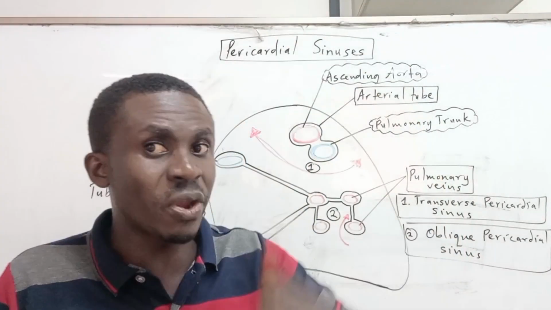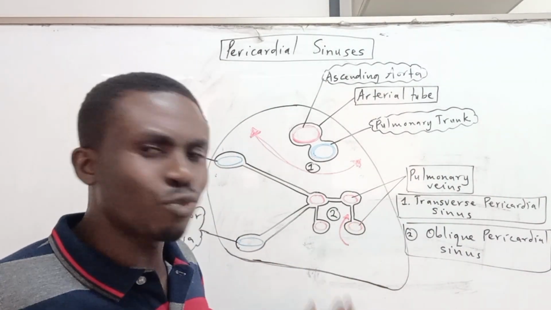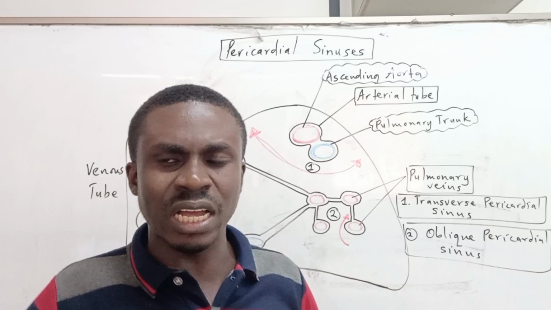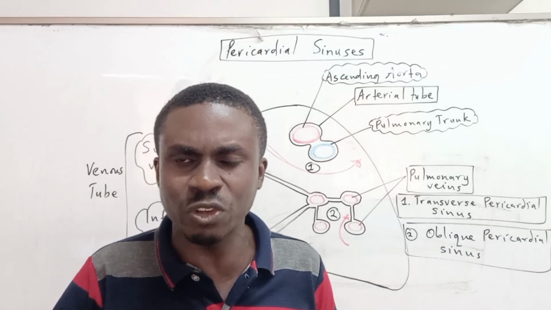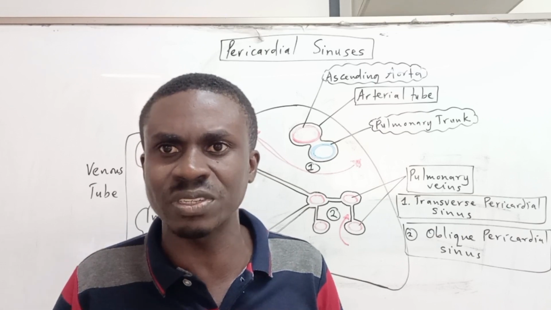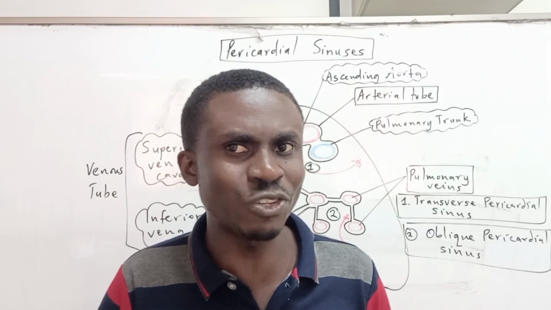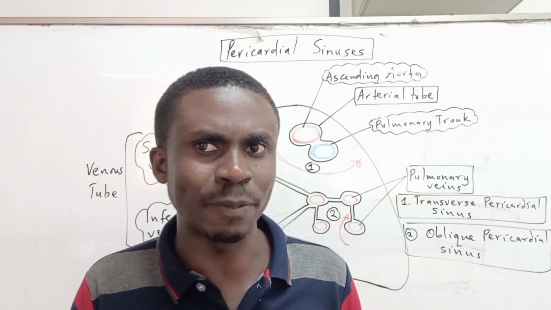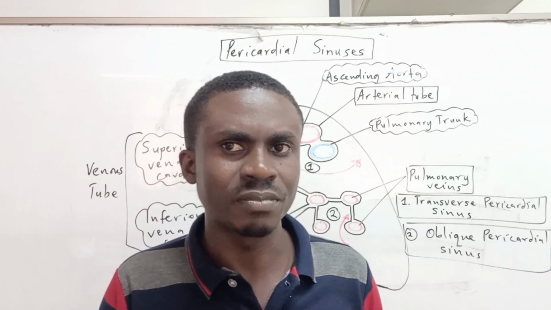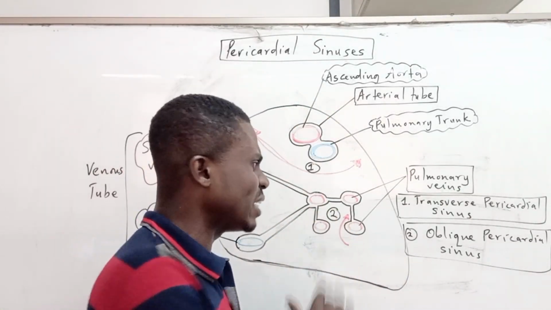So the esophagus will also be running behind this left atrium. If there's no additional dead space and it becomes excessively filled because of increased venous return, it's going to compress against this esophagus and likely dysphagia may result: difficulty in swallowing. You understand what I'm trying to say? Momentarily. That is what I want you to become aware of, and that is why we have this additional dead space.